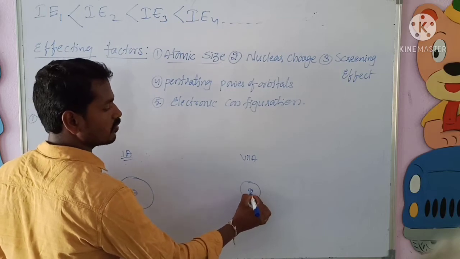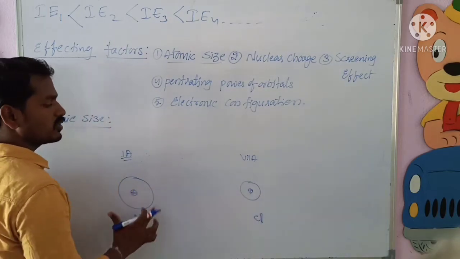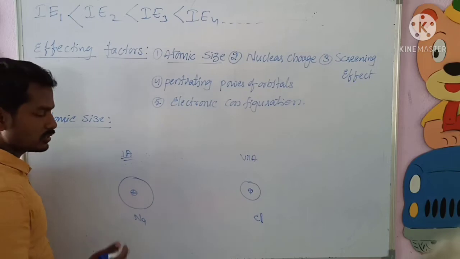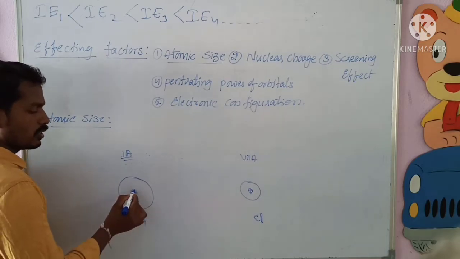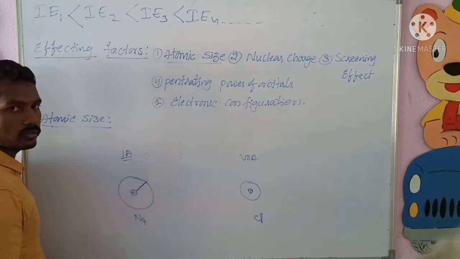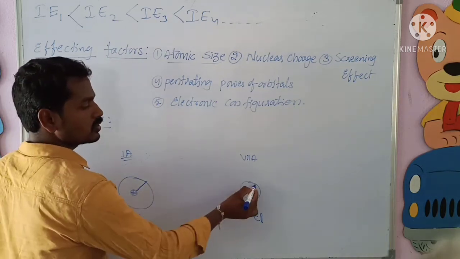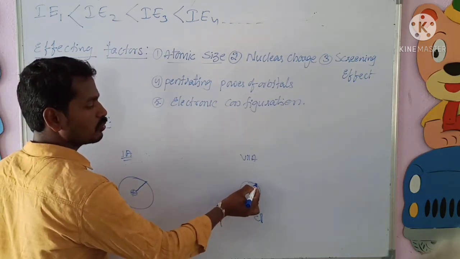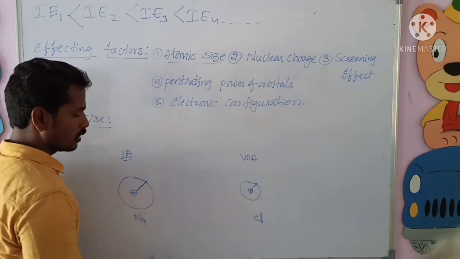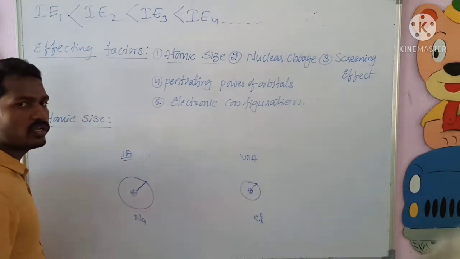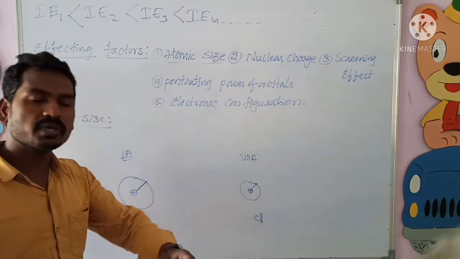This is the size of the chlorine. When you observe here, what is the distance? In the sodium atom, this is the distance from the outermost shell to the nucleus. In chlorine, this is the distance from the outermost shell to the nucleus. Observe carefully: in which case is the size bigger?